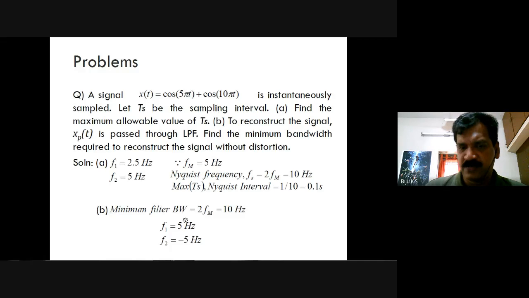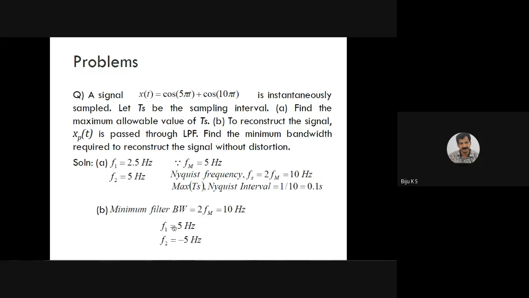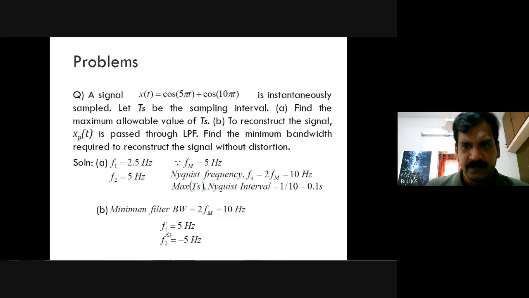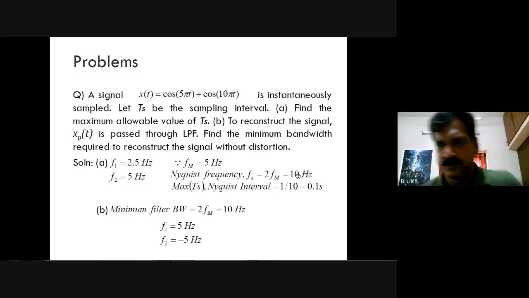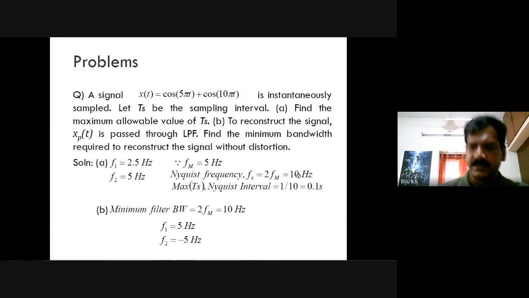So overall, the bandwidth is 5 minus of minus 5 hertz, that is equal to 10 hertz. So this is the minimum bandwidth requirement. So overall, the Nyquist rate should be equal to 10 hertz.